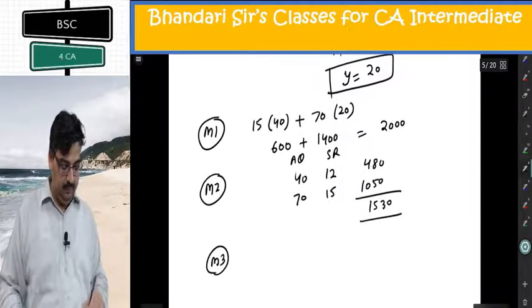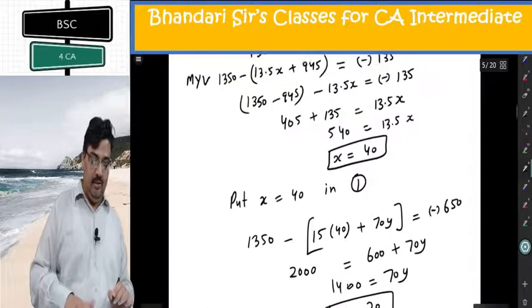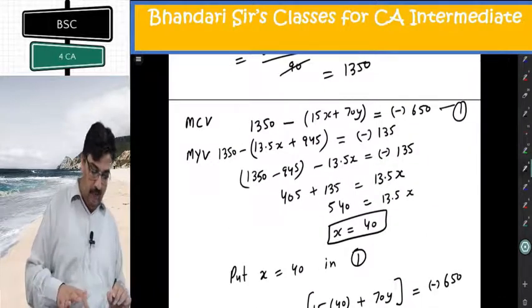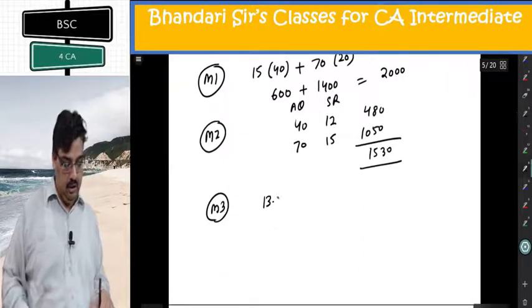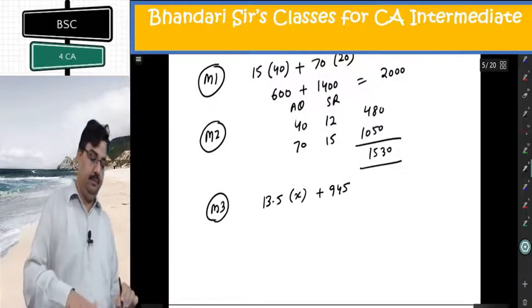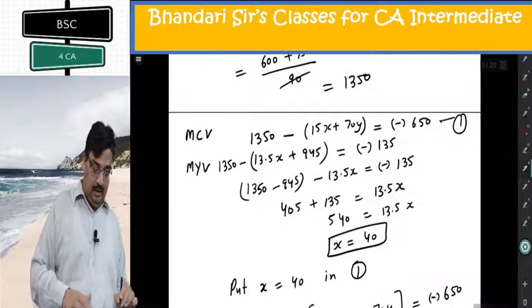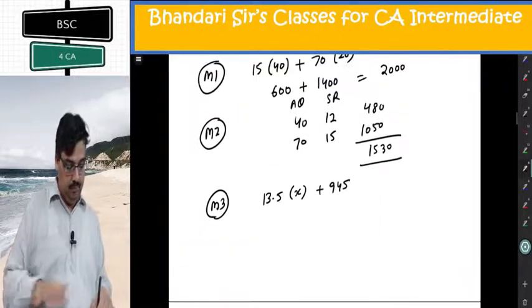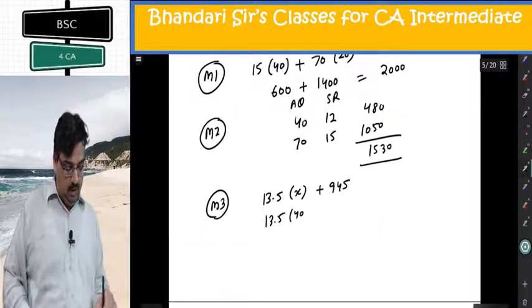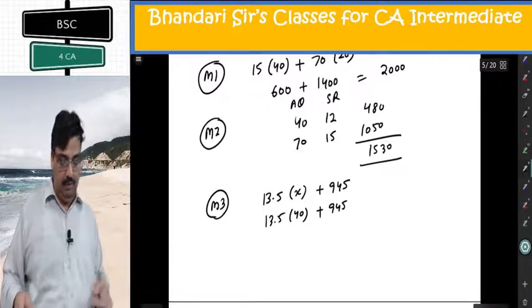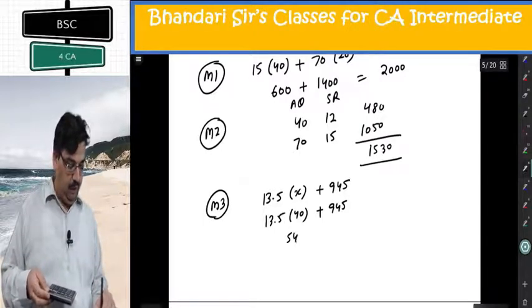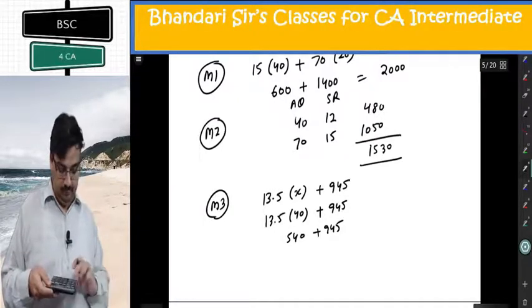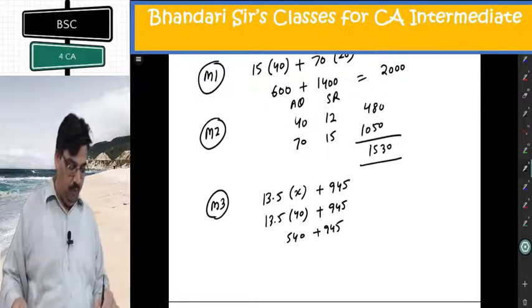M3 we computed in x and y terms. M3 was 13.5x plus 945, and x computed as 40. 13.5 into 40 plus 945, 540 plus 945, 1485.